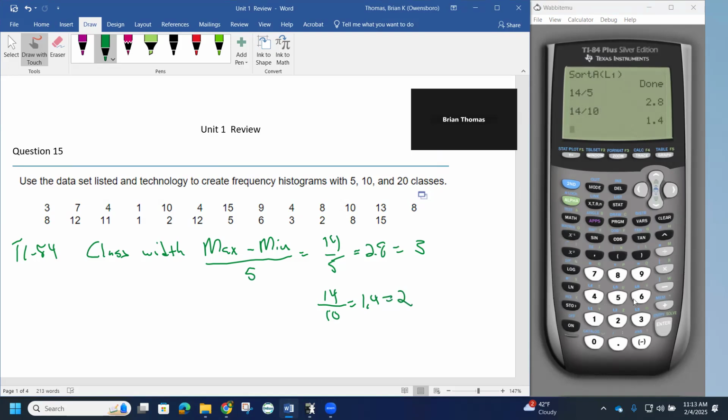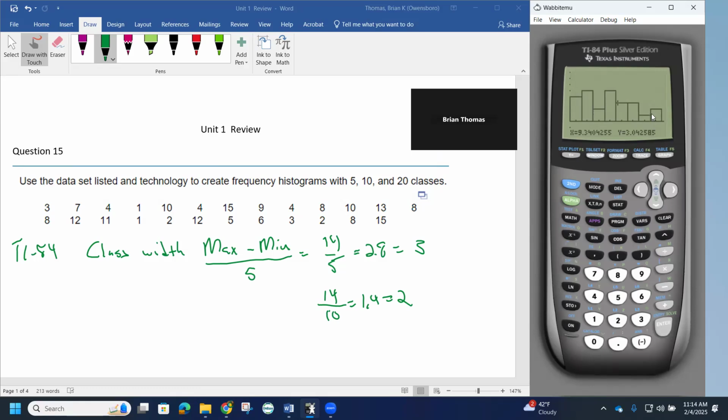So to create a histogram with 10 classes, all I've got to do is go to Window, change my X scale from 3 down to 2, and hit Graph, and it should generate 10 classes. 1, 2, 3, 4, 5, 6, 7, 8 classes there.